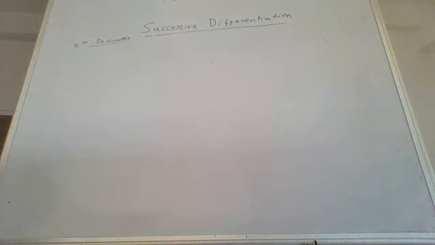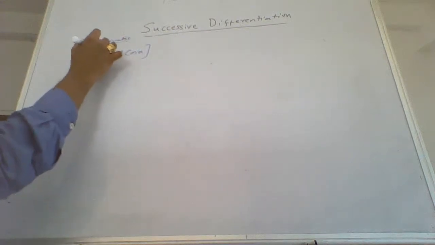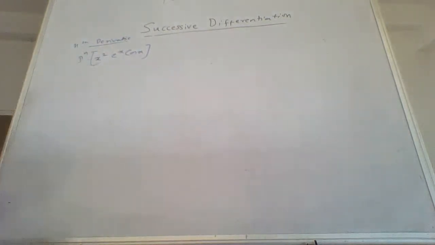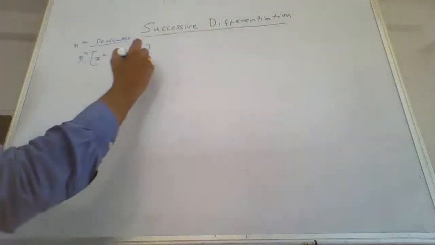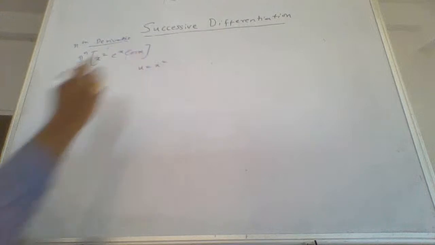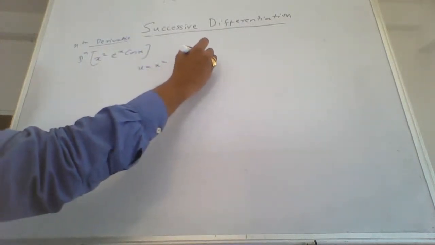Suppose I have to find the nth derivative of x square into e to the power of x cos x. Let us try to solve this problem. Again you have to separate it. Here u is x square, and v is e to the power of x cos x.